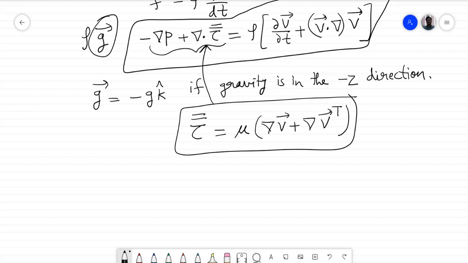And if density and viscosity are known, then the equation is only in pressure and velocity. There are three components of velocity: u i cap plus v j cap plus w k cap. So u, v and w are three unknowns, and pressure is another unknown, which is a scalar. So there are a total of 4 unknowns here.